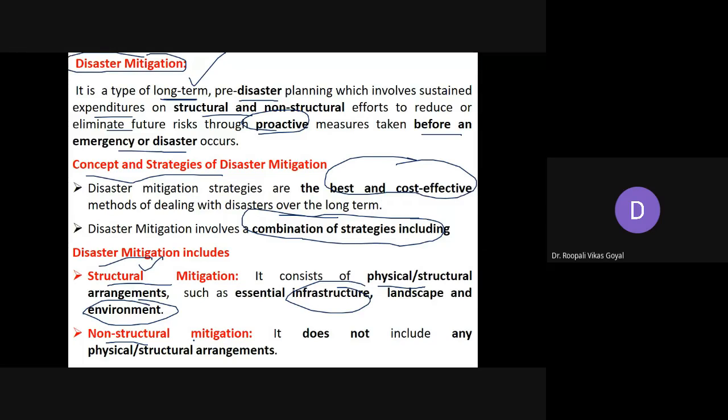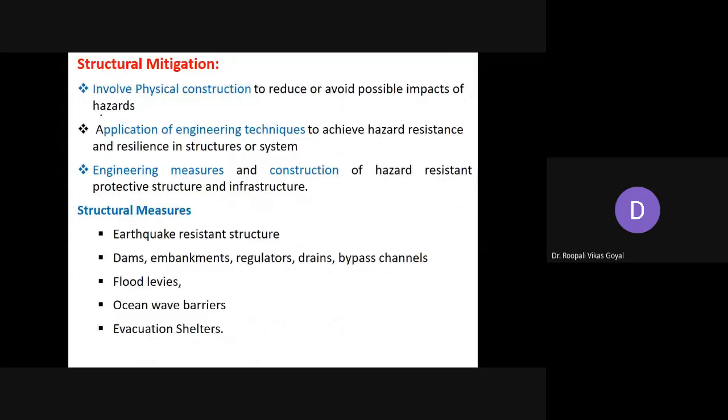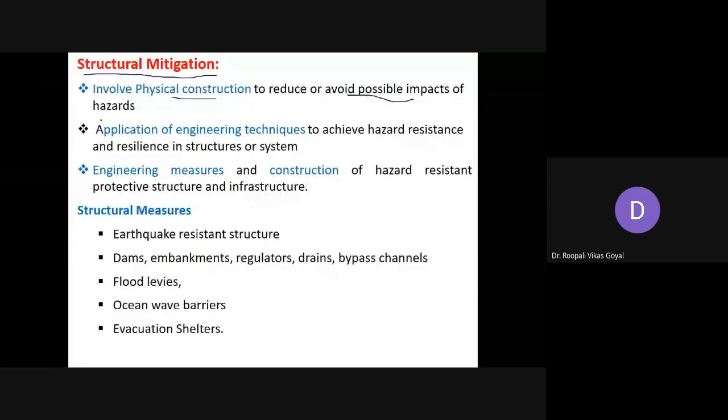When we are talking about structural mitigation, it involves physical construction to reduce or avoid possible impacts of hazard. Your physical construction of a particular structure should be such that it eliminates the impact of any hazard, which is particularly important in a disaster prone region.